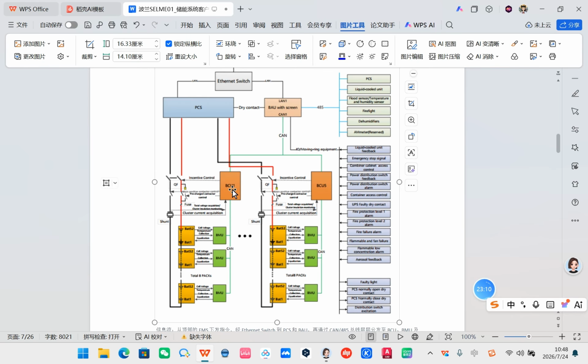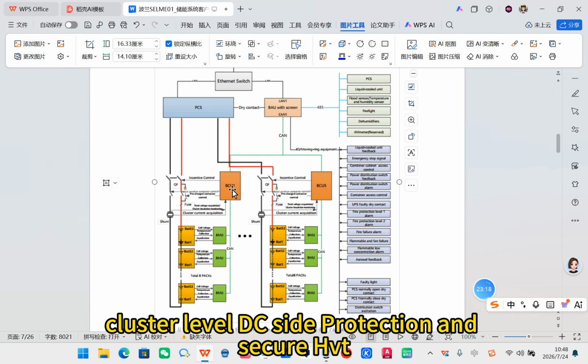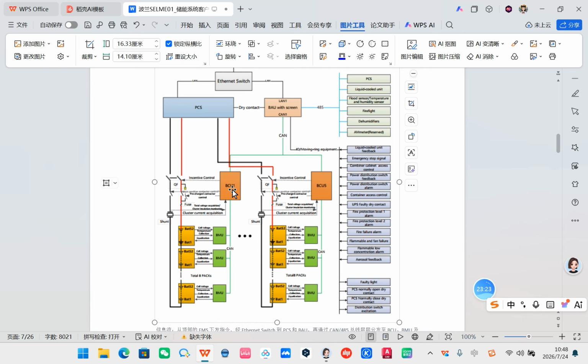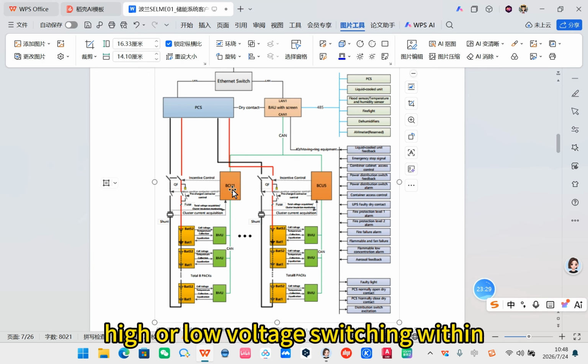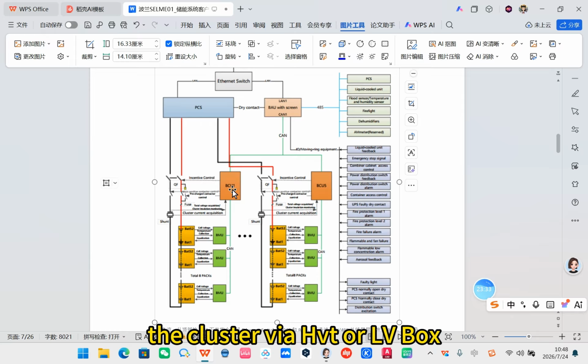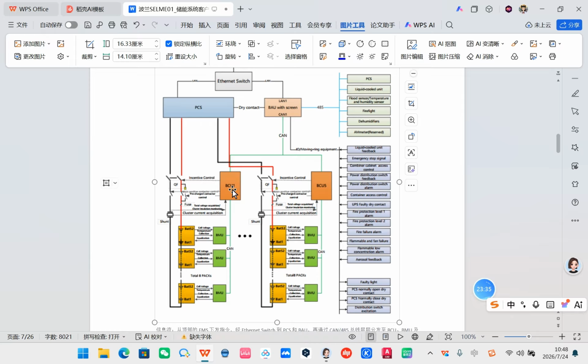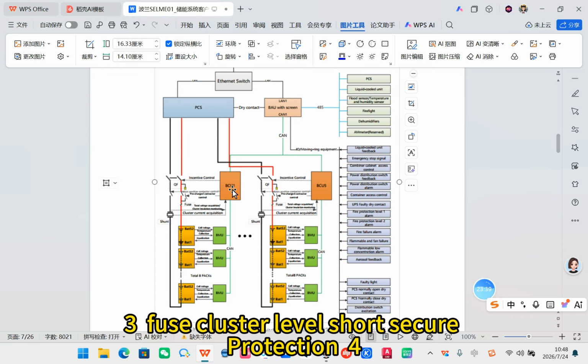First, about the DC circuit. Cluster level DC side protection and current HV, HV or LV box contactor control. High or low voltage switching within the cluster via a HV or LV box. 3.